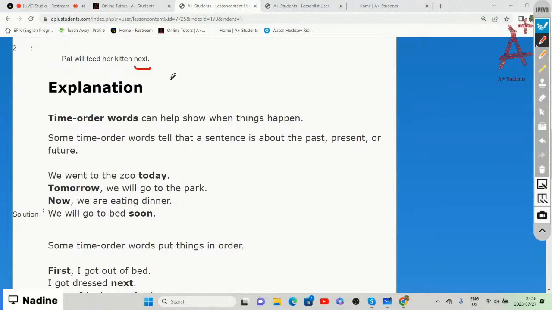So next is a time order word, and it puts things in order. And when we say put things in order, then we can say first, next, then lastly, for example.